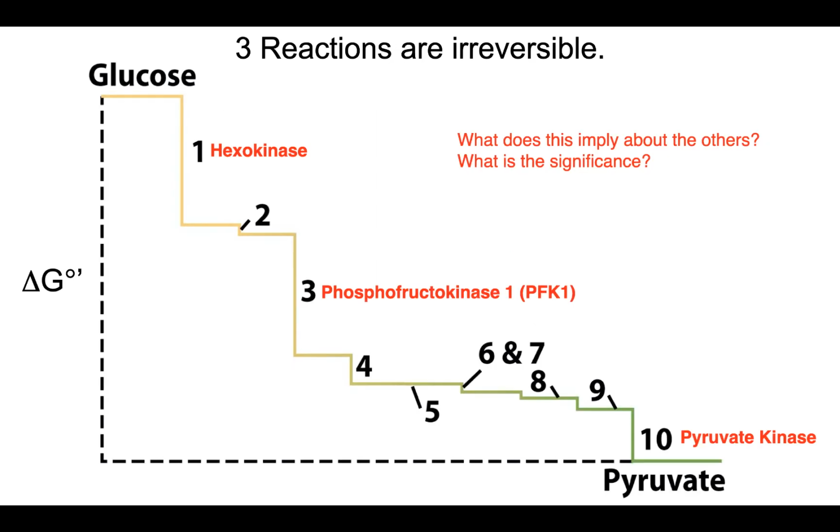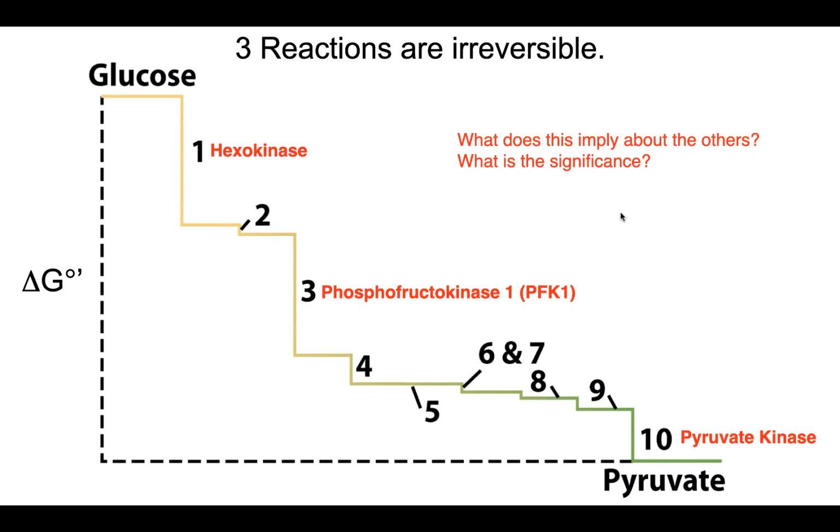Now, 3 of the 10 enzyme catalyzed reactions within glycolysis are irreversible. And you can see they all have something in common. 1, 3, and 10. They all have very negative delta Gs. What that means is technically they're reversible, but under cellular conditions, they are not reversible. That delta G is so negative, there's really no strategy a cell can use to get the reaction to go in the opposite direction.